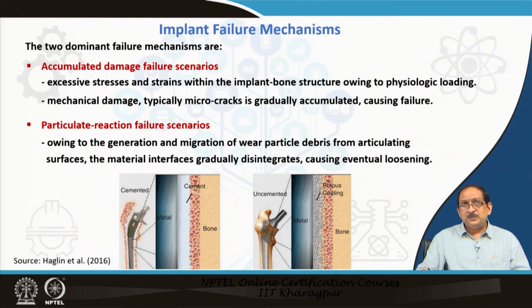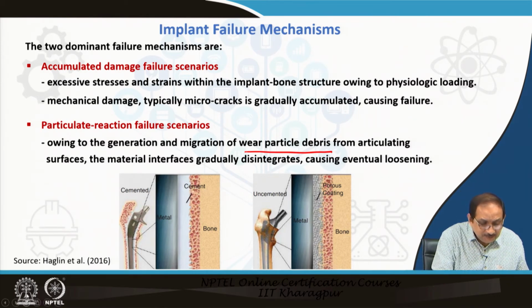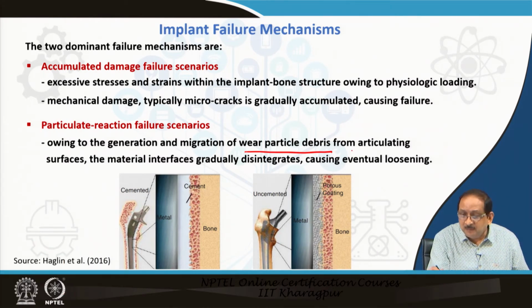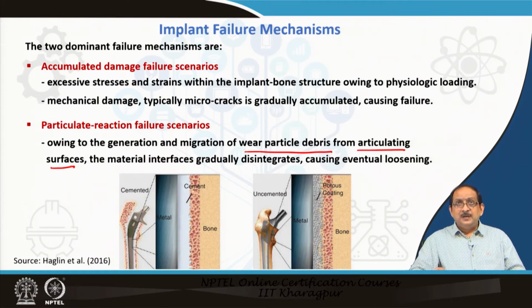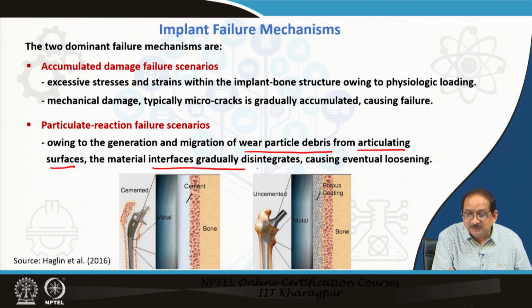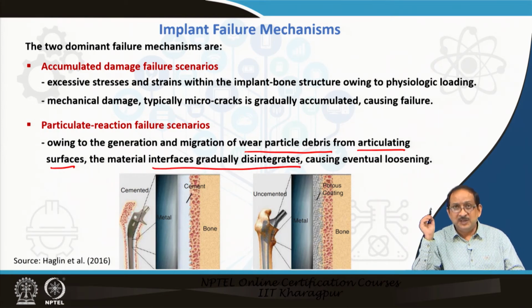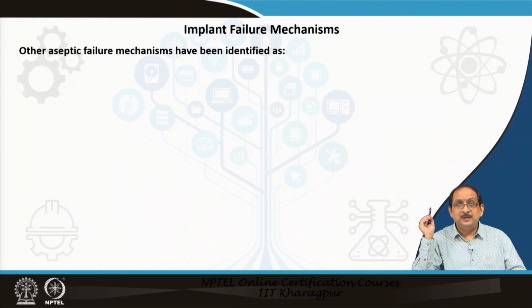The other important failure scenario is the particulate reaction failure scenario. Owing to the generation and migration of wear particle debris from articulating surfaces, the material interfaces gradually disintegrate, causing eventual loosening.